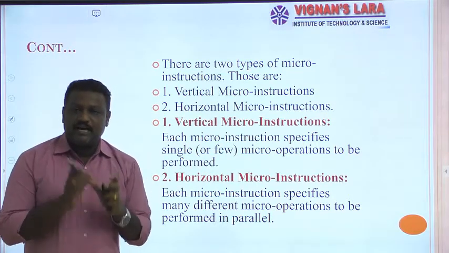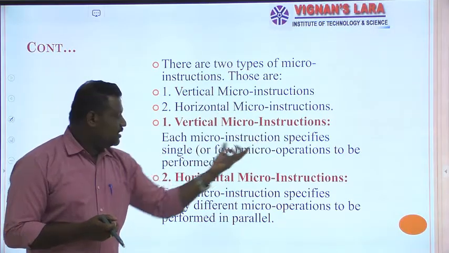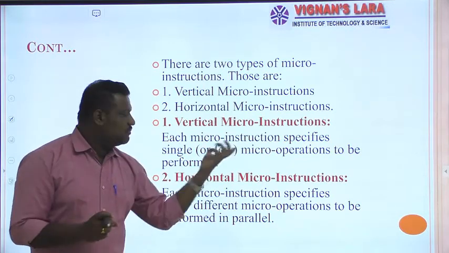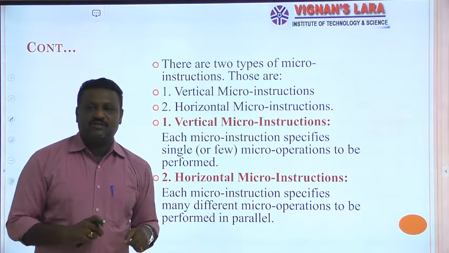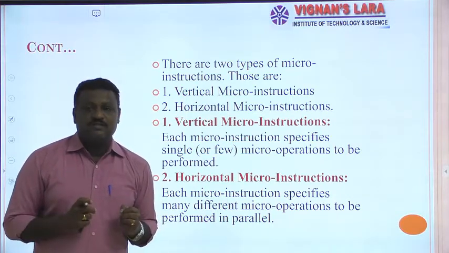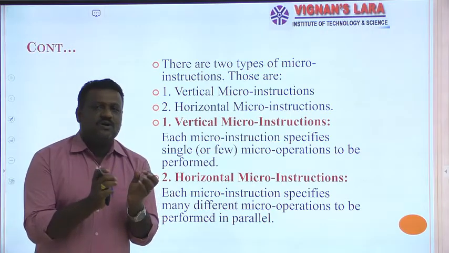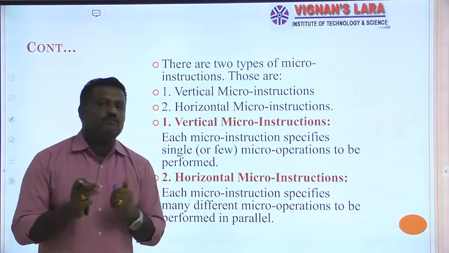That means with the help of a single vertical micro instruction, I can perform either a single micro operation or a few micro operations. That means by using a vertical micro instruction, I generate the control signals necessary to perform either a single micro operation or more than one micro operation. That's why here I have written few micro operations.